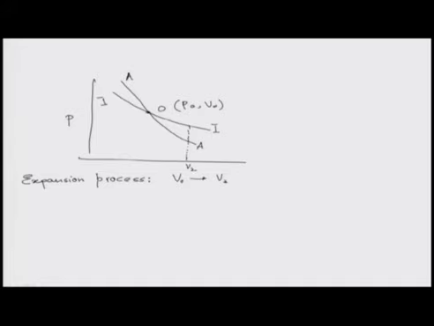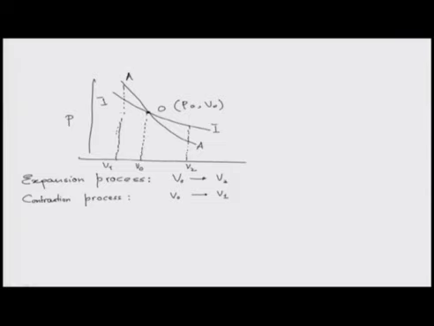And also a contraction process. Start from V 0 and go to some V 1. So, this is your V 2, let us say this is your V 1, this is your V 0.